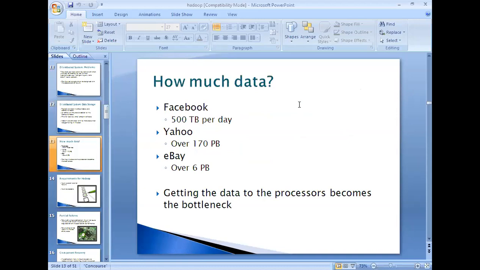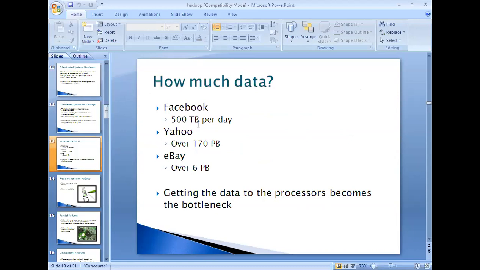So these are some facts regarding how much data is generated in a day. Facebook generates 500 terabytes of data. Yahoo, 170 petabytes. eBay and others are similar.